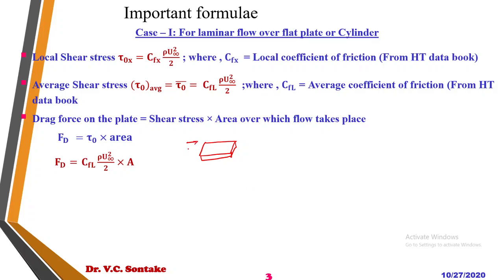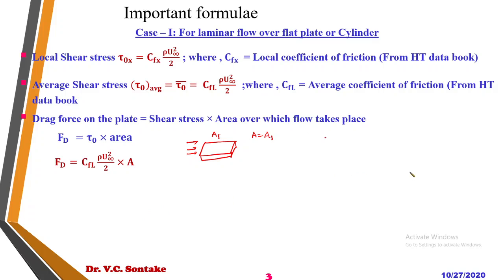So if fluid flow is taking place only on the upper surface, what will be the area in this formula? Area will be A1 only. So drag force will be CFL into rho u infinity square by 2 into A1.